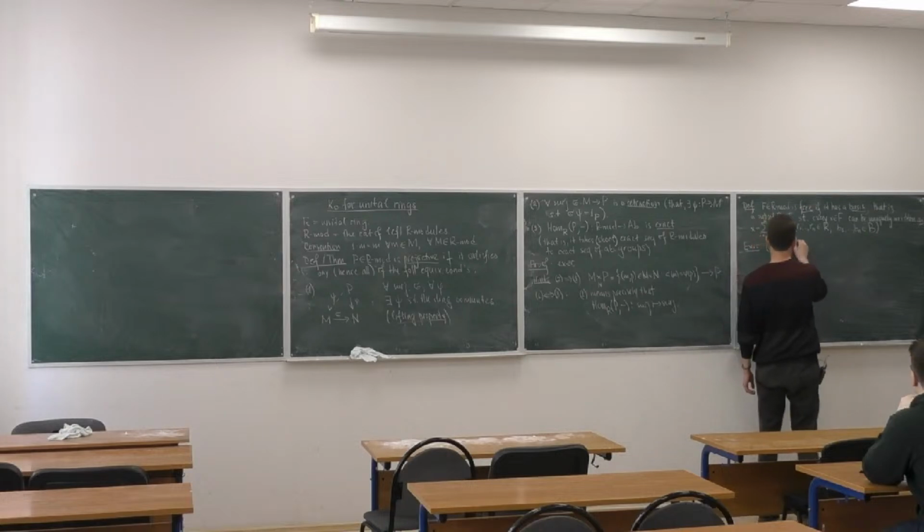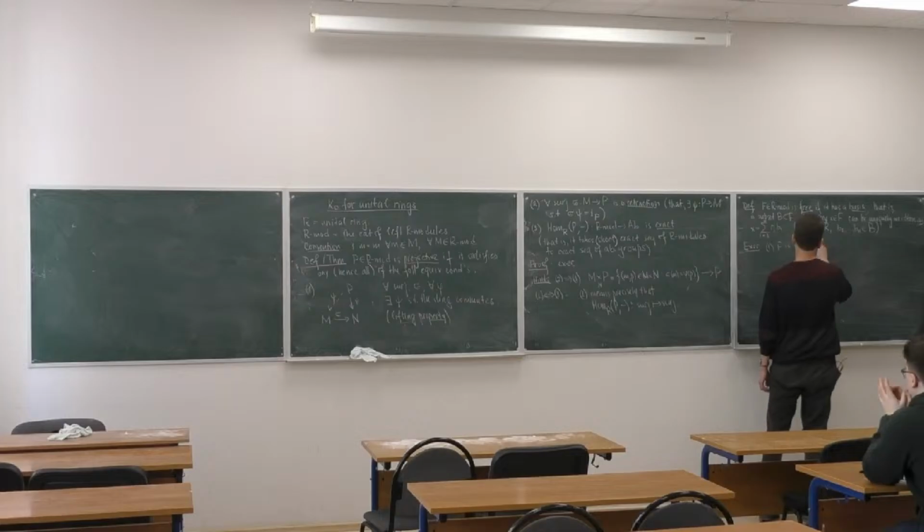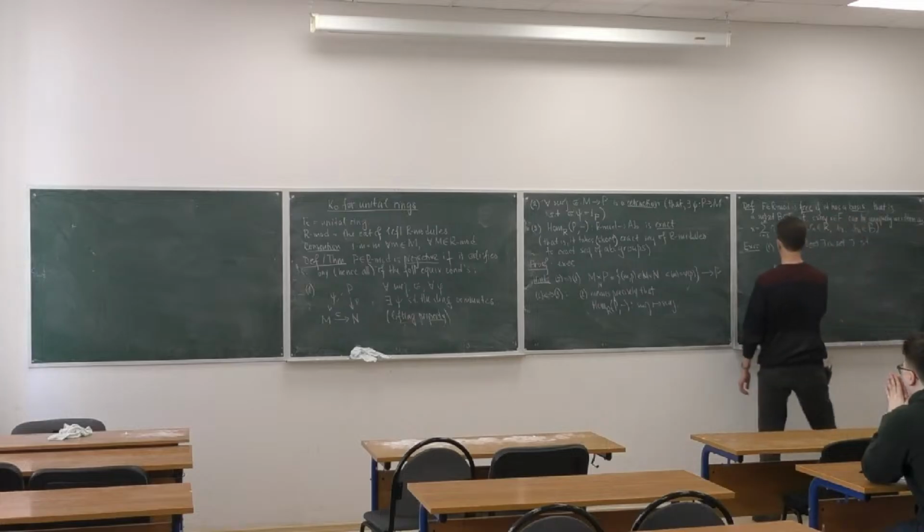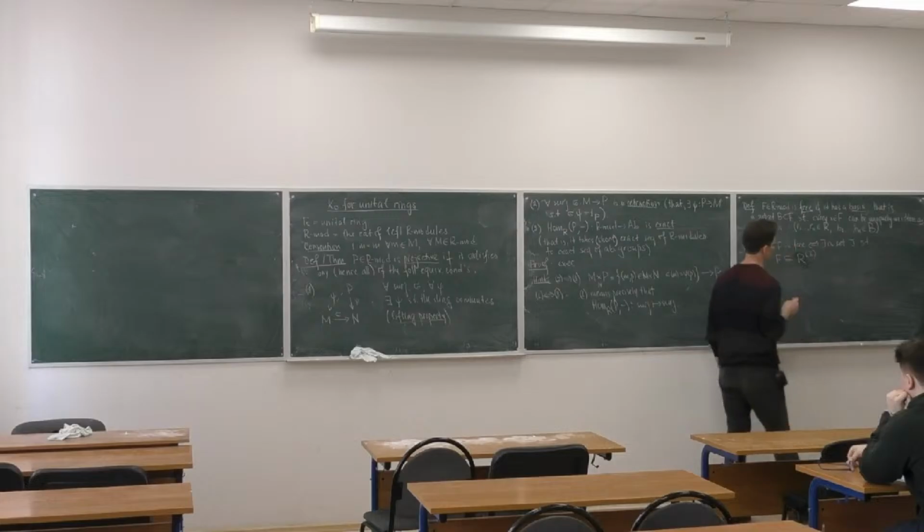F is free if and only if there is a set, denoted by I, such that F is isomorphic to the following module. Let's denote it like this.